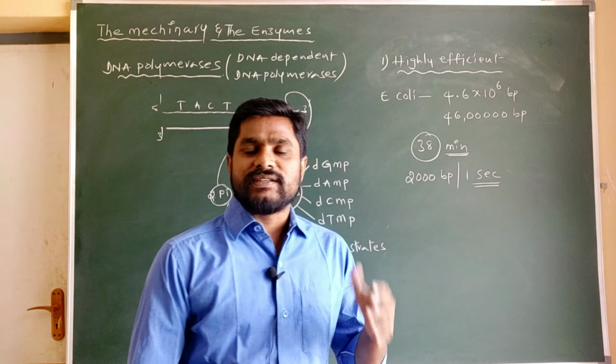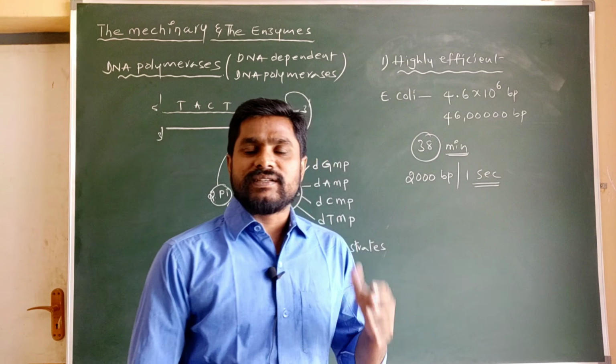One is a 5' to 3' polymerase activity. This 5' to 3' polymerase activity polymerizes the nucleotides from 5' direction to 3' direction by using a DNA template. Say, for example, this is a DNA strand in 3' to 5' direction.